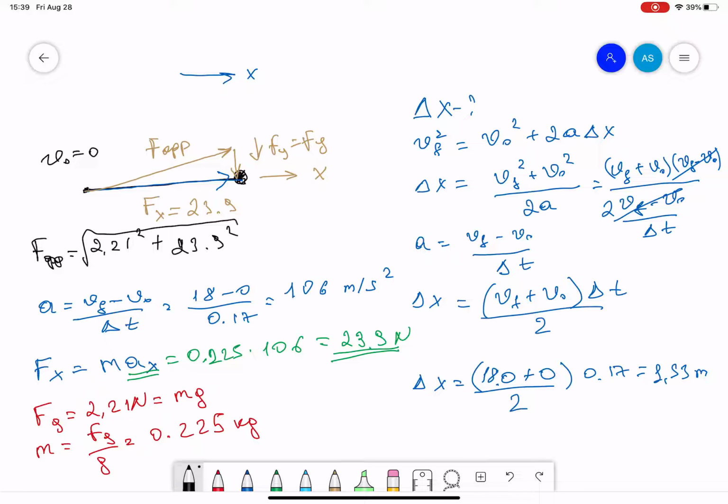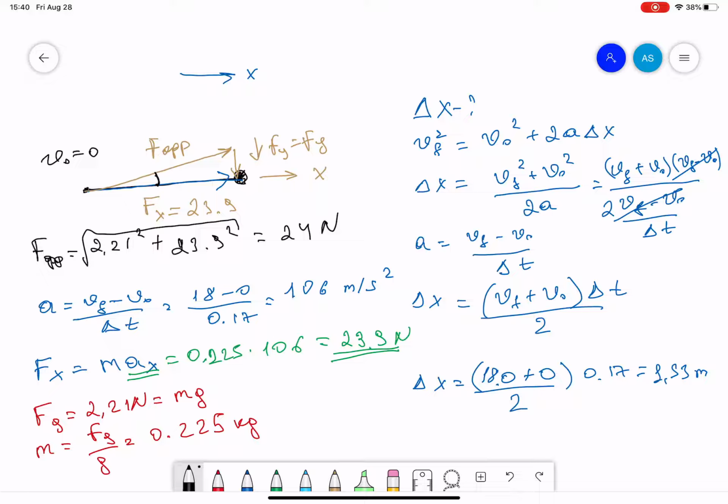If you do the calculation, you will get almost 24 newtons. So the pitcher has to apply 24 newtons so that after the release the ball will fly only in the horizontal direction.